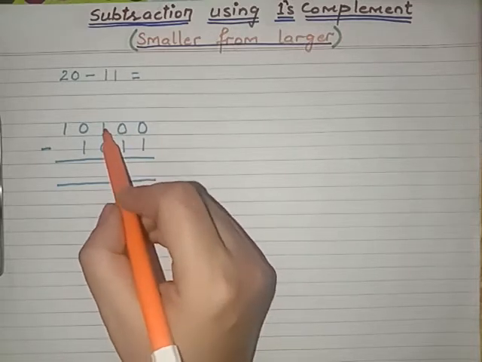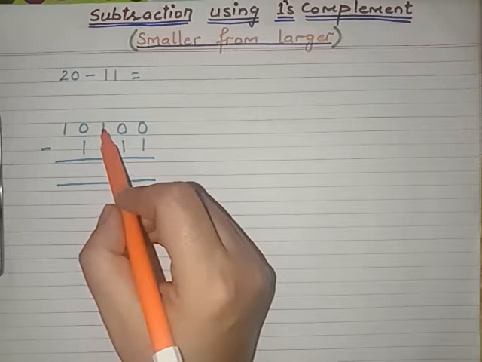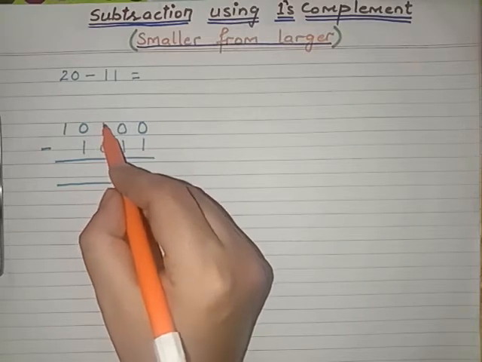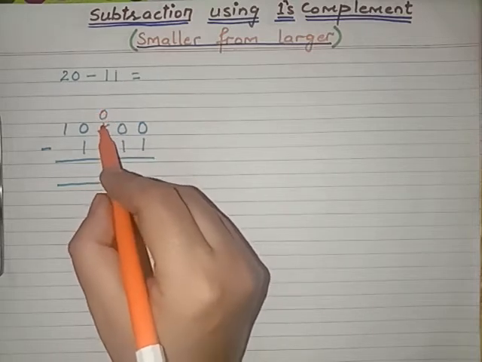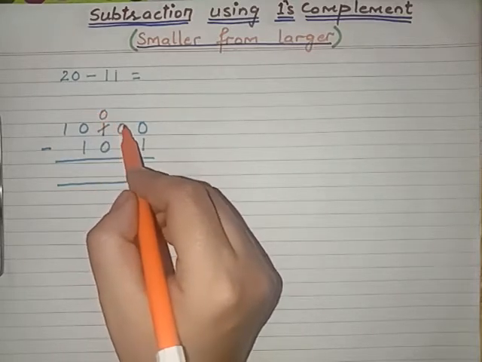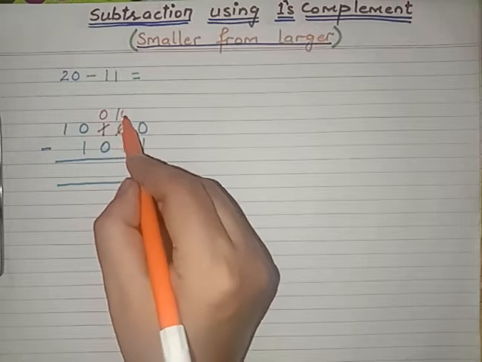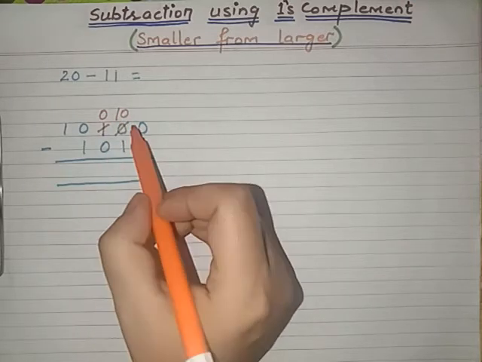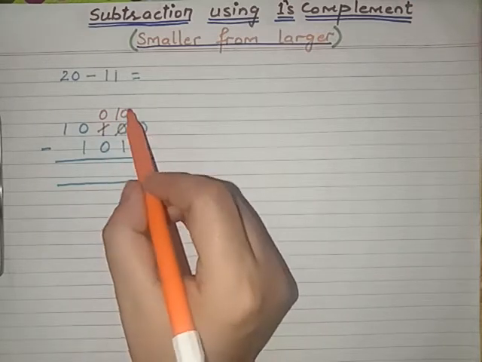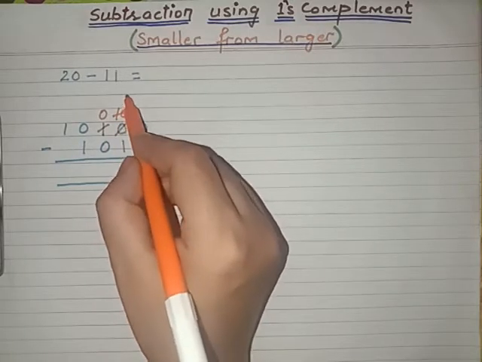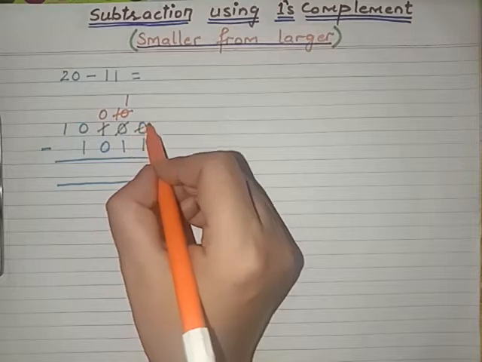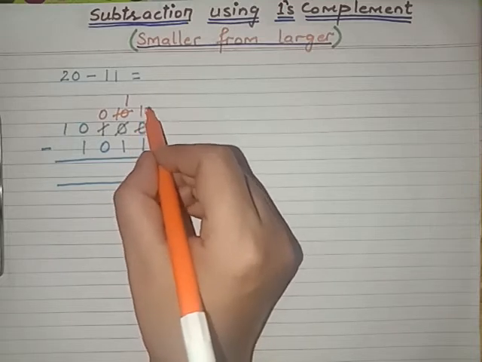When we take the borrow from this digit, this 1 will be 0, and after taking the borrow, this 0 will become 1 0. Now this 0 has to take a borrow from this 1 0. After taking the borrow, this will be 1, and this 0 will become 1 0.